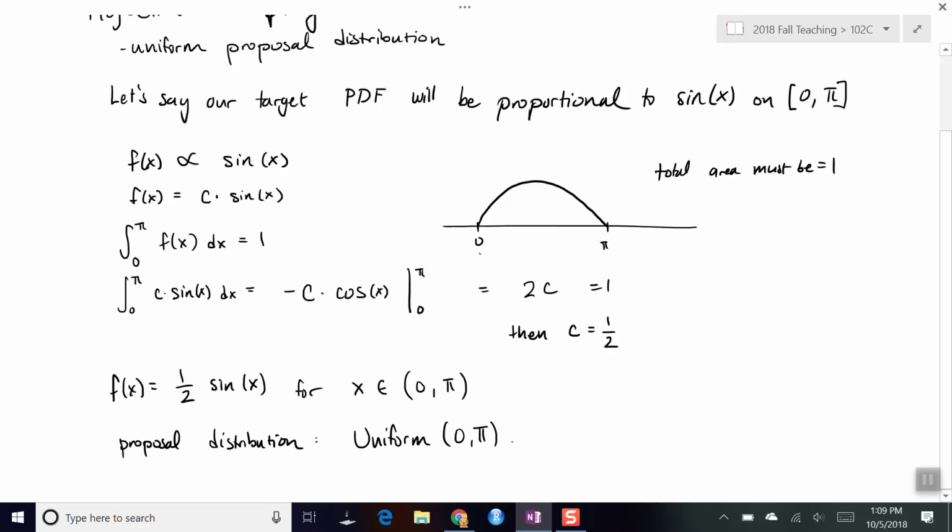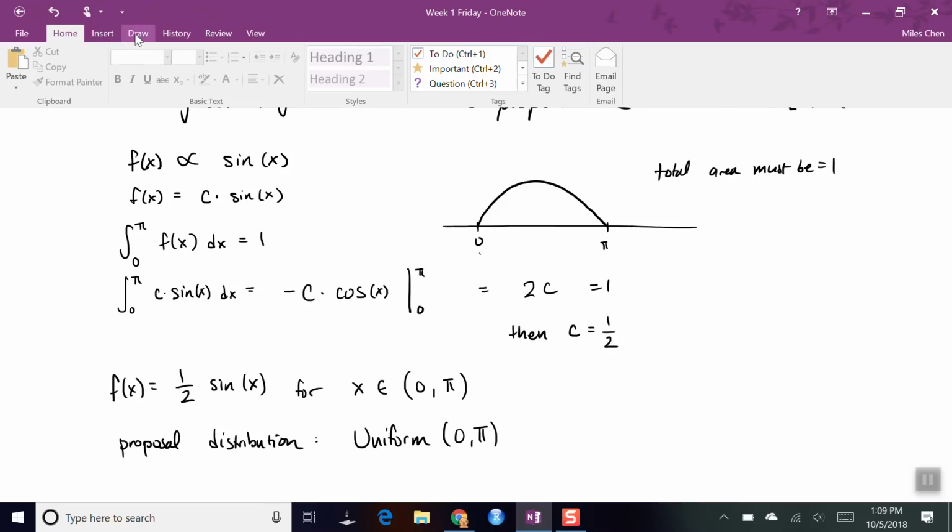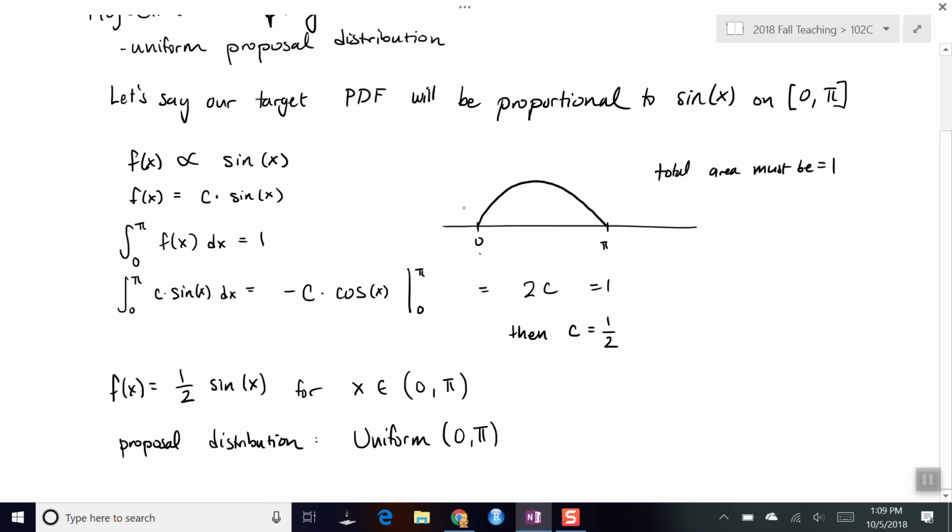And the idea here is we want to kind of draw an envelope around this thing, and we'll throw darts inside the envelope, and we will keep the values corresponding to the darts that land inside the PDF region.